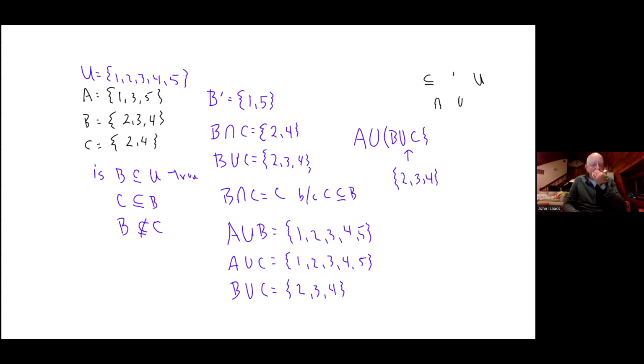We're going to take all the elements. We're not going to be fussy when we're taking a union. And then A intersection that, well, A is 1, 3, 5. Intersection means the elements have to be in both A and the set that's the union of B and C. So A is 1, 3, 5, and this other set is 2, 3, 4. So the only thing in common between those is 3.